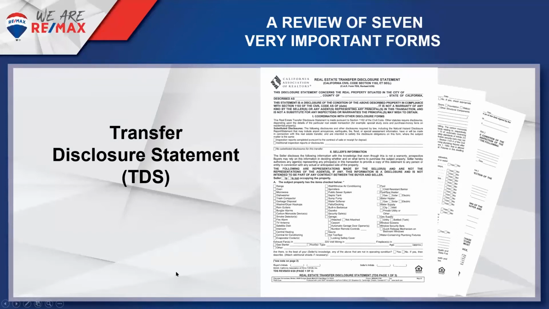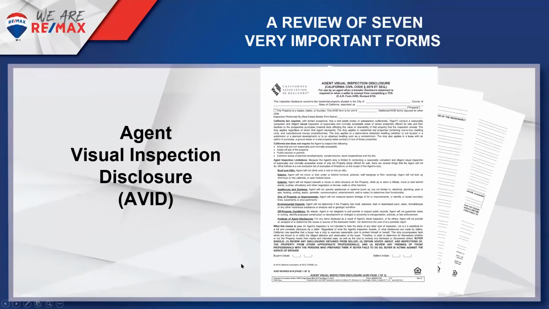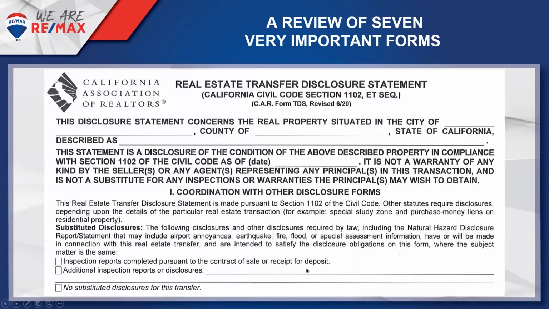So as you know, the TDS is a 3-page document, and there are several sections to the TDS. The TDS is discussed in Civil Code 1102. And in that Civil Code, it talks about exactly what must be provided for a TDS to be delivered.